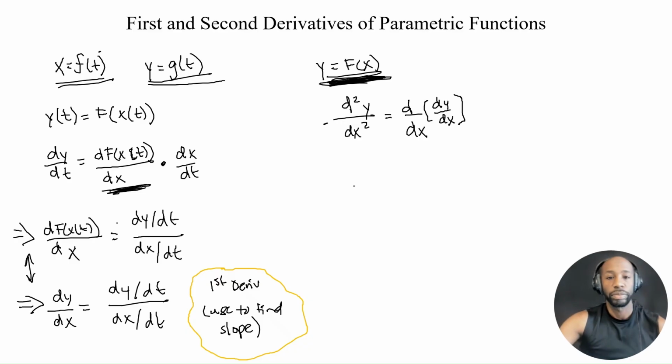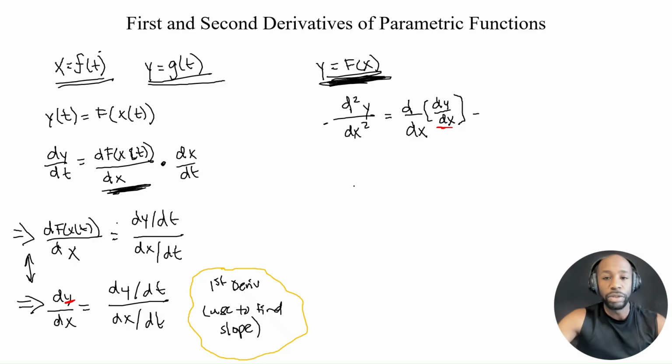So in place of y, when we take the second derivative, we're essentially taking the derivative of dy dx. So y gets replaced with dy dx.